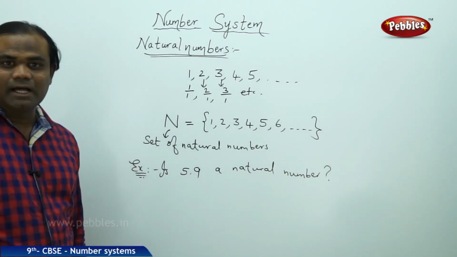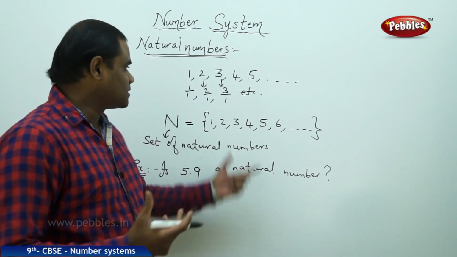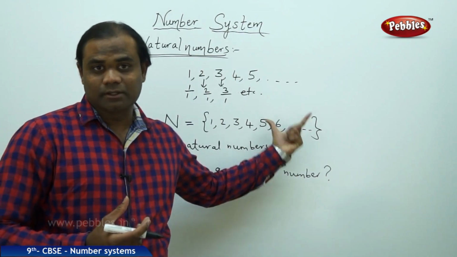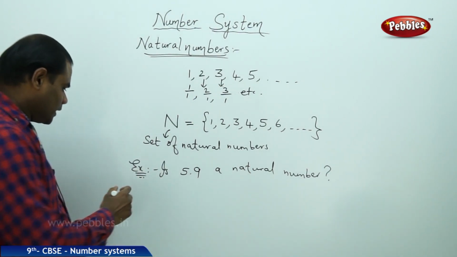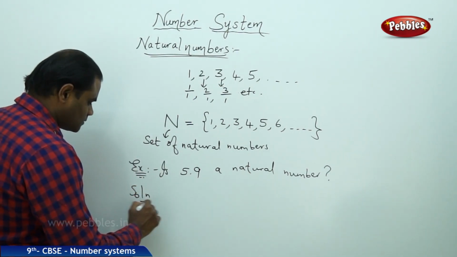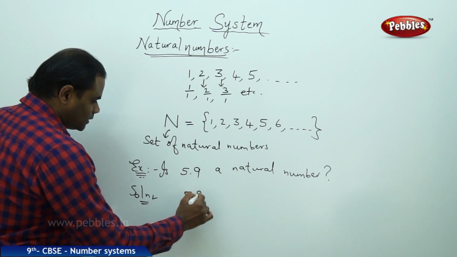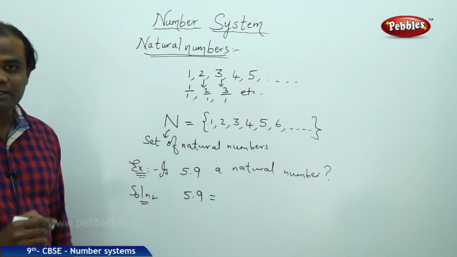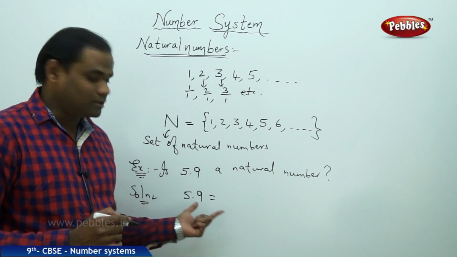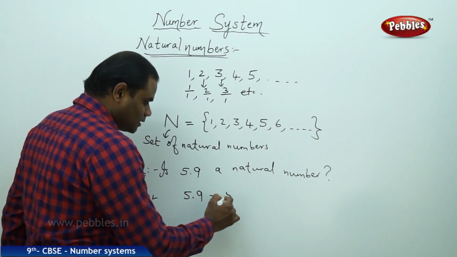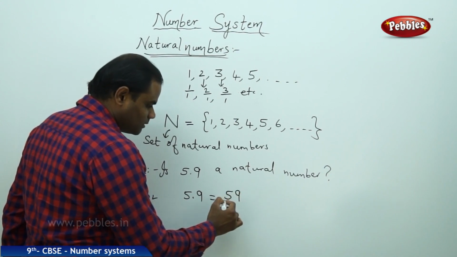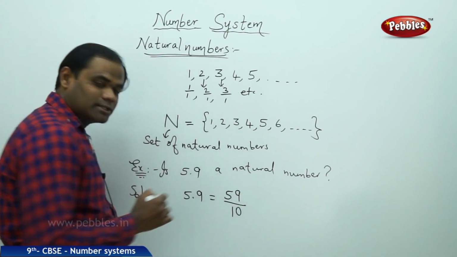Now let's see the answer for this question using the basic definition of natural numbers as we have learnt in the previous session. Now 5.9, if I write this down here, I understand that it is a decimal number to the approximation of one decimal place, and this in turn can be written in the non-decimal form as 59/10.